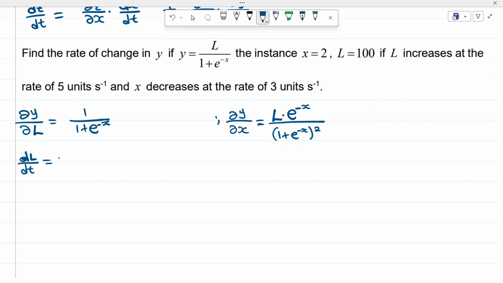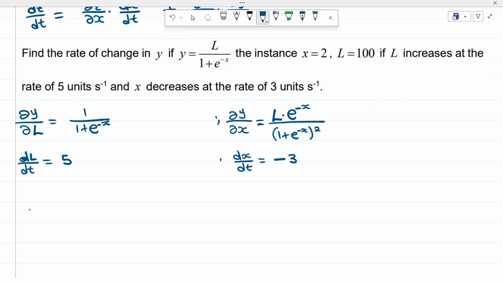So the rate is 5. And then here, how about x? The dx/dt is equivalent to what? You're told that x decreases, so that means it's negative. So that's going to be negative 3. So now we can rewrite our formula.